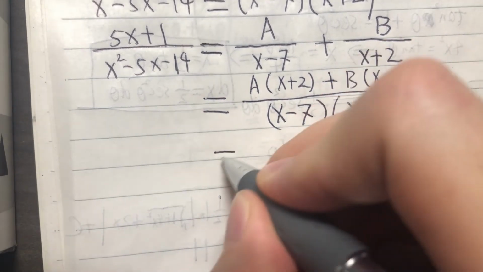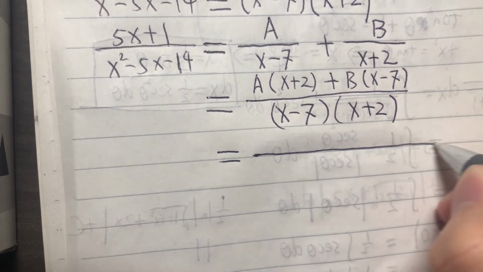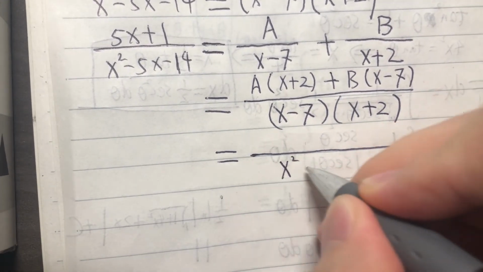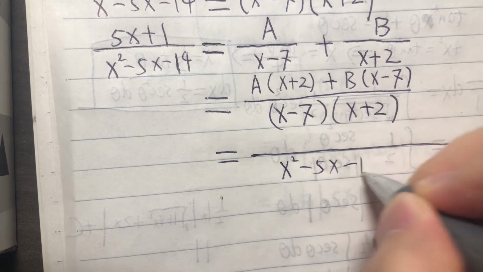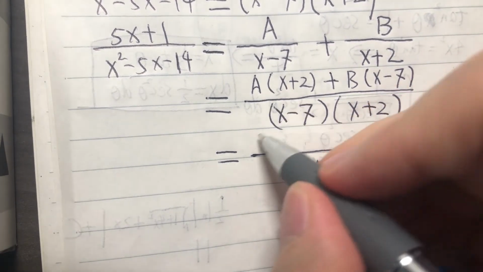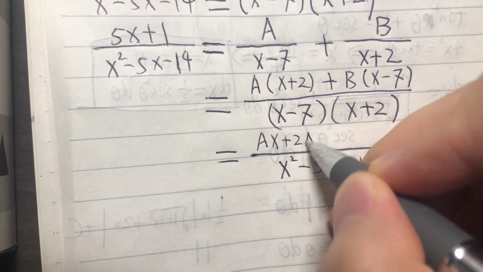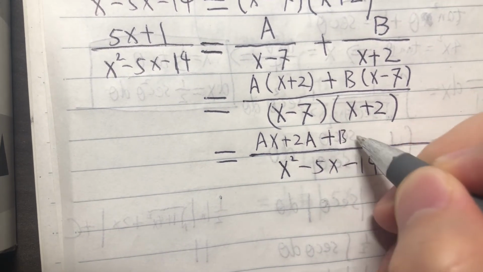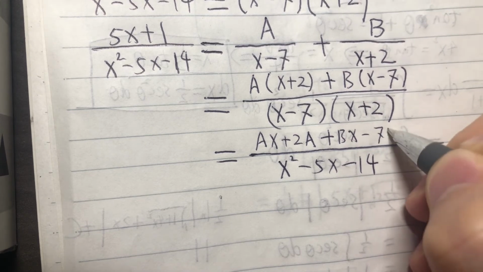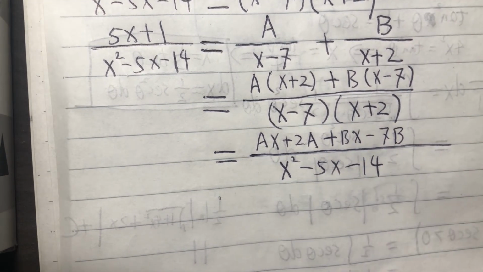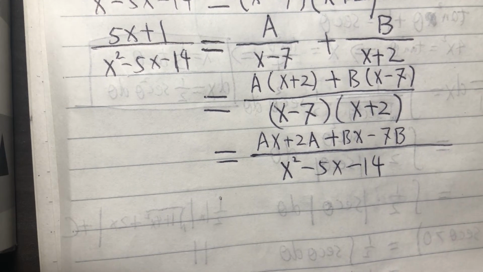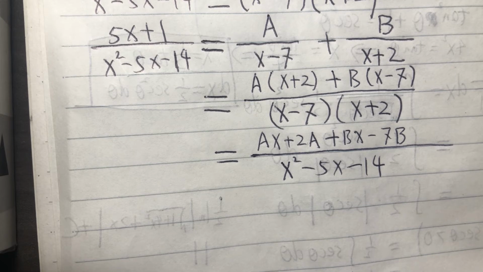Okay, we keep simplifying this, and the denominator is this, and the numerator is ax plus 2a plus bx minus 7b. Just keep in mind a and b are constants, so only x is a variable.